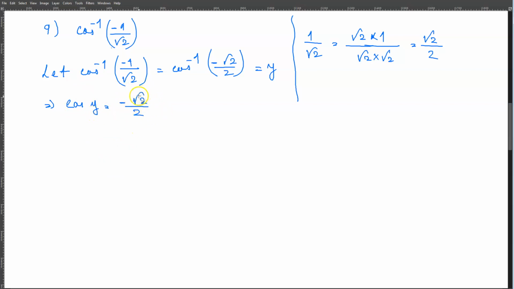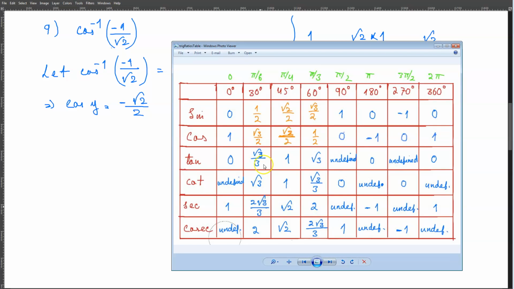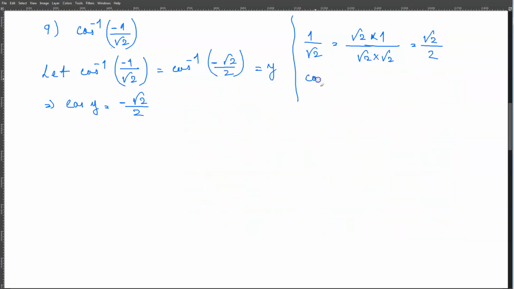That is pi by 4, 45 degrees, right? You see over here the cos of pi by 4 is equal to square root of 2 over 2. Now this is the same thing as negative cos of pi by 4.